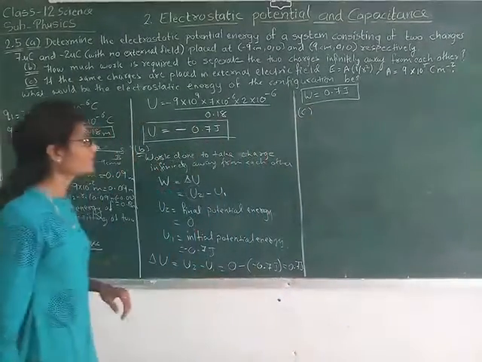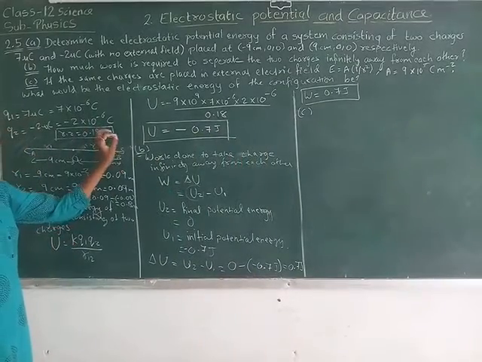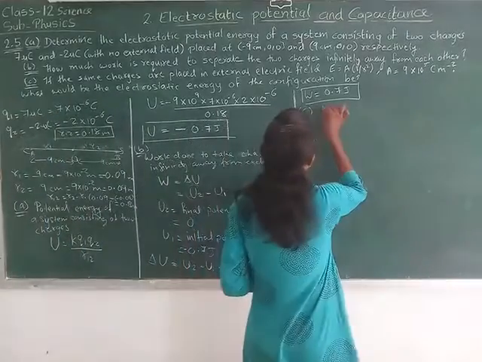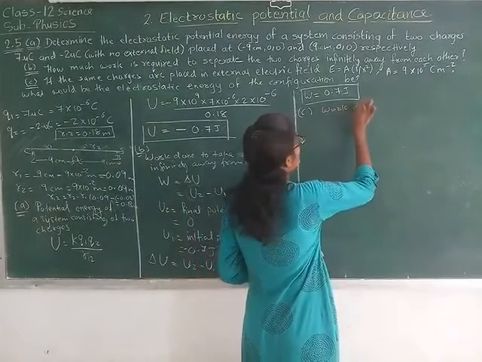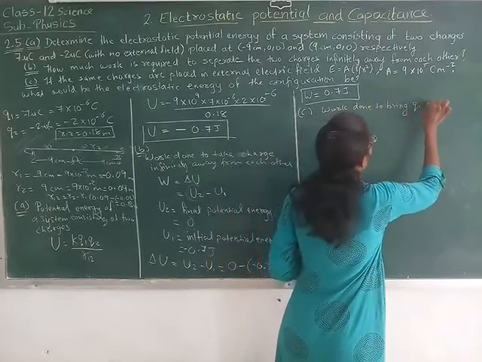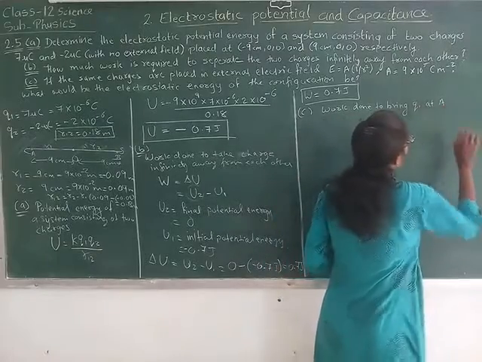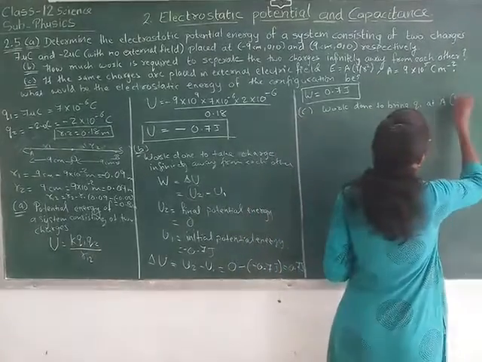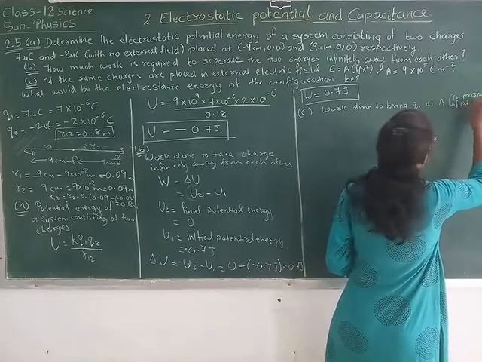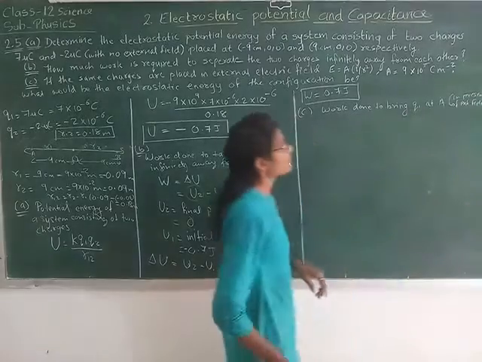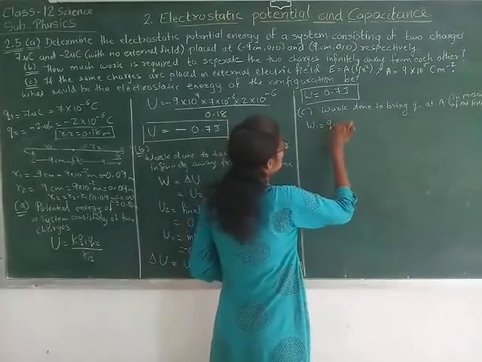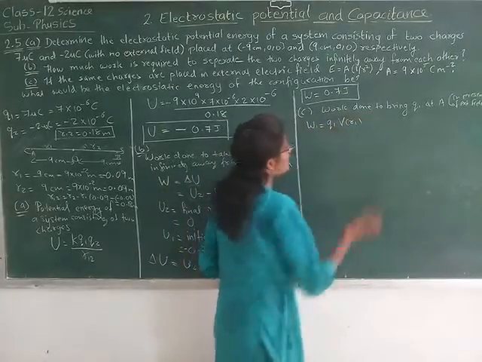So first we need to bring the charge Q1 to point A in the presence of the external field. So first of all, work done to bring Q1 at A in presence of external field will be W1 equals Q1 V R1.